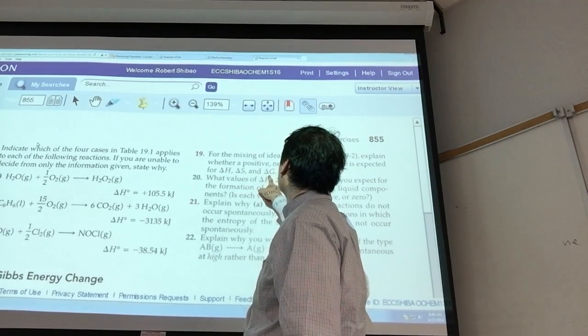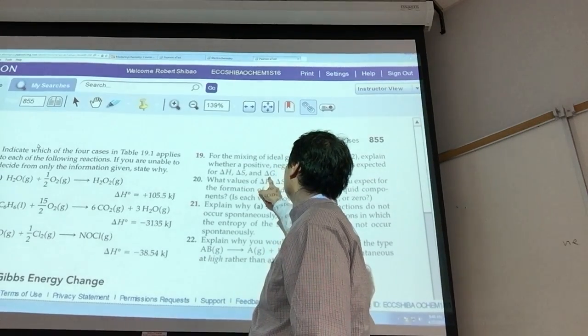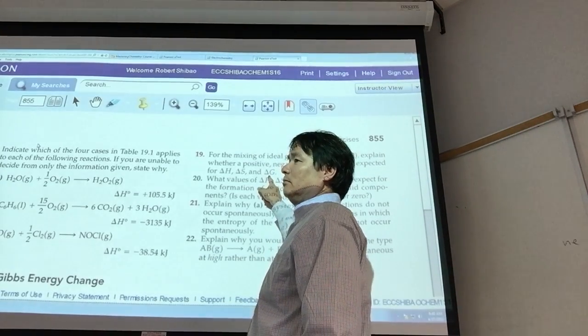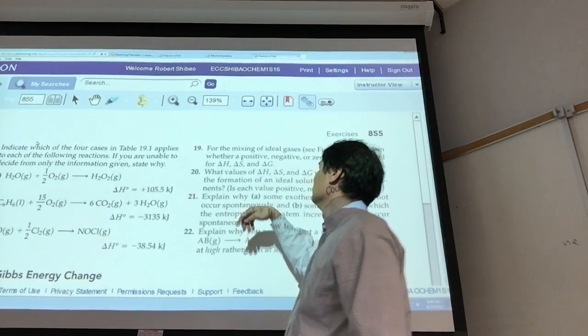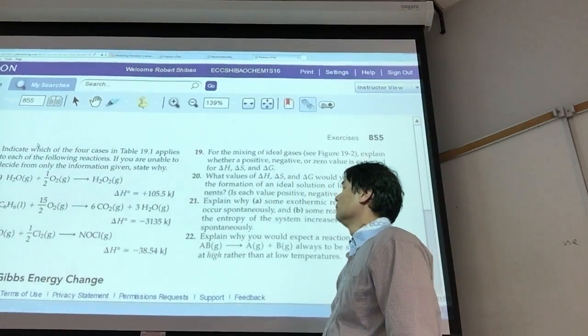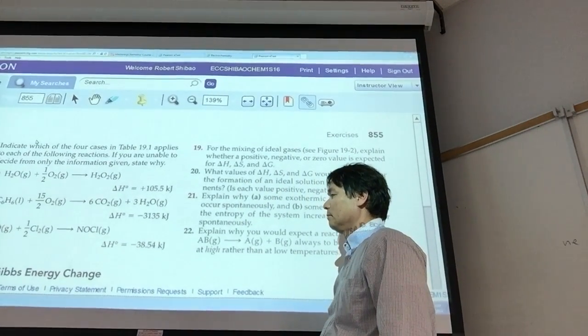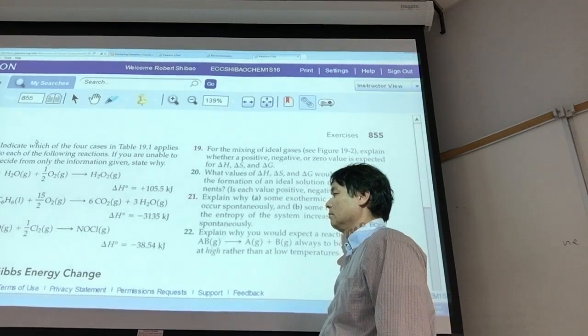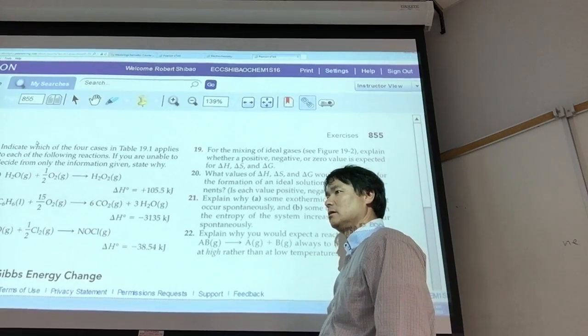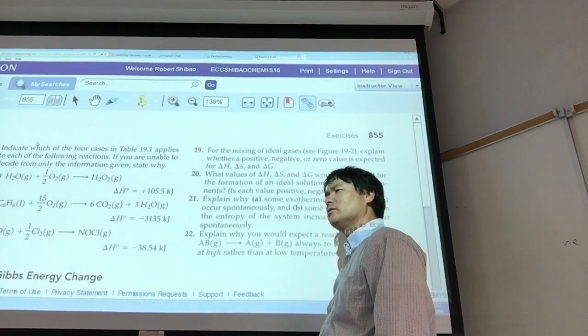Well, they just assume that the gases mix, and the idea is it's going to be endothermic in order to expand and add things together. Oh. Are they talking about endothermic, like expansion?